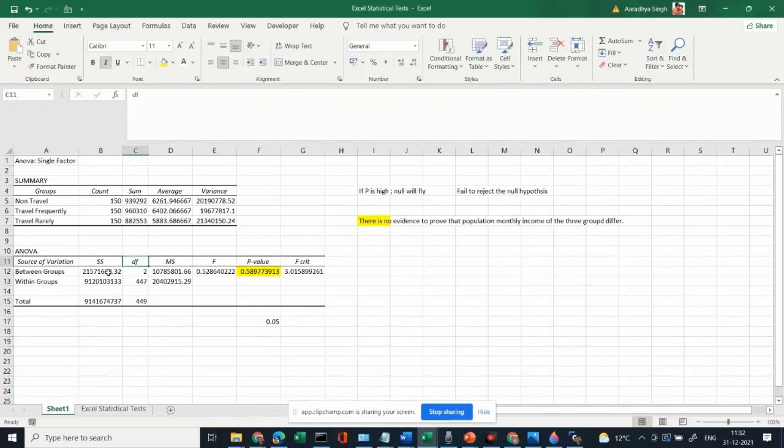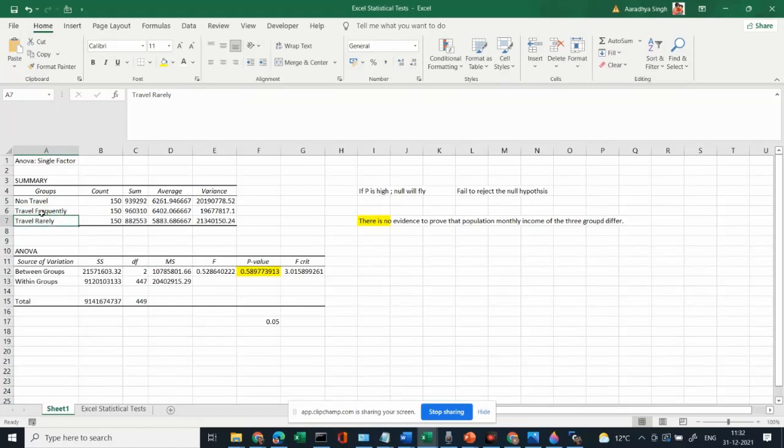Degree of freedom and the sum of square are important to calculate the mean sum of square, which when divided gives you the F value. So sum of square within the group is the overall variance within these three groups: within non-traveler group, travel frequently group, or travel rarely group. What is the total variance? Between means, between non-traveler and travel frequently, what is the variance?